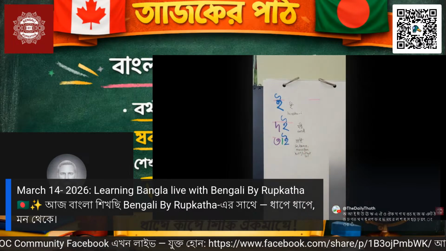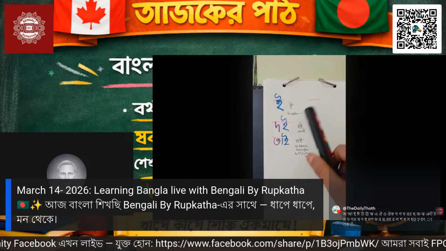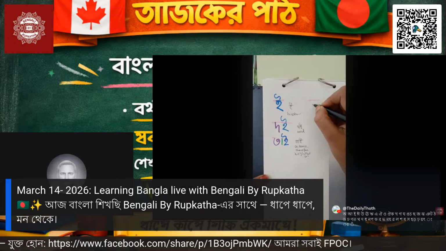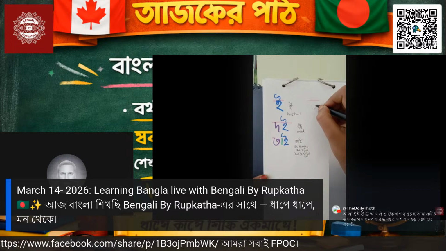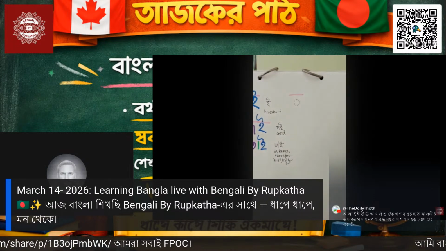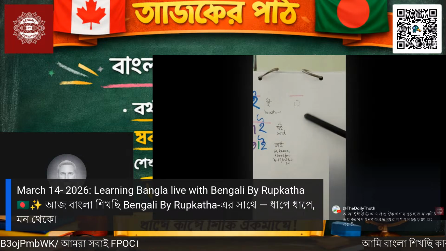Now we will see what is the kar chinno for Rosho E. Let us indicate where the Banjan Borno goes. Let's say this is the space where the Banjan Borno should be. And we know for akar, we put a line on the right side.